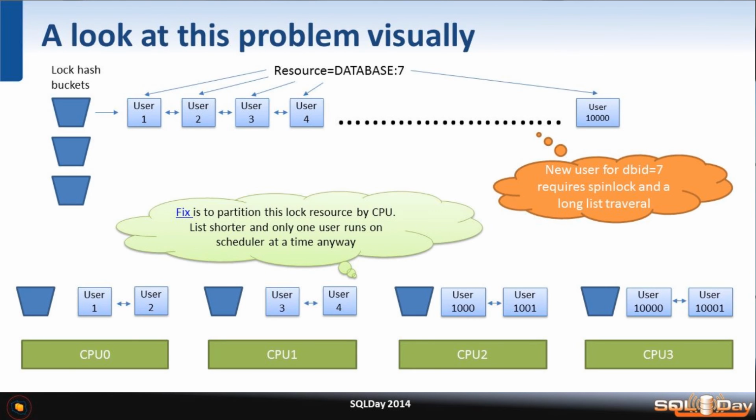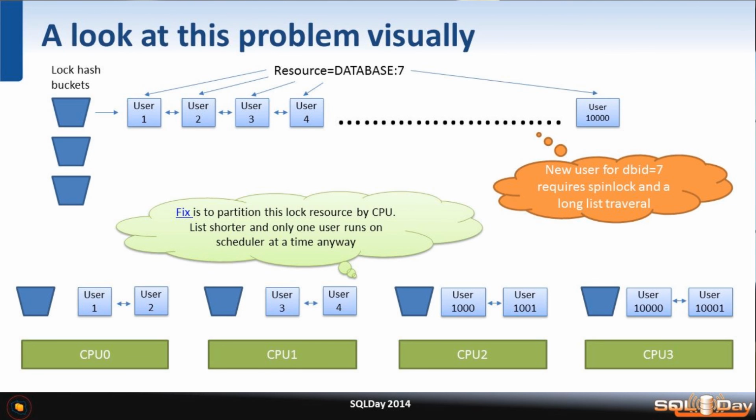So when we have locks in SQL Server, we have this concept called hash buckets to go look up the lock resources and to keep track of the locks you're acquiring. Hashing is a concept we use for plan cache and buffer pool and things of that nature. So when you've got a database lock, the way we store this is we hash it based on the database ID and the fact that it's a database resource. So when you go and use a database, you by default get a shared database lock. No big deal.